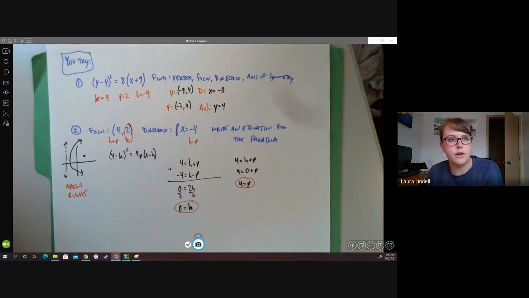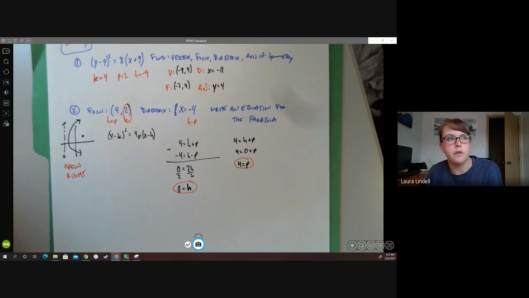If you're checking your work here, if you solved for h and got 0, and then solved for p and got 4, and then found that k was 2 from the focus, then you're ready to go with setting up your equation.